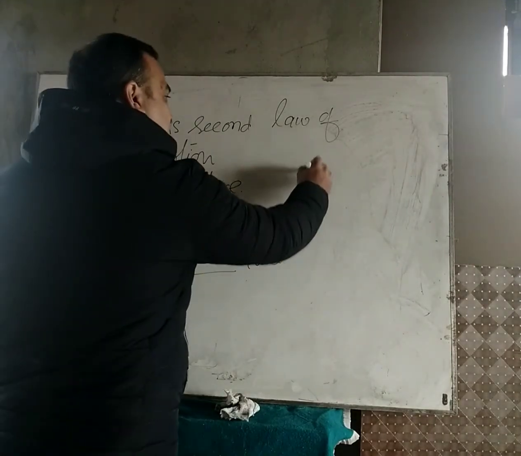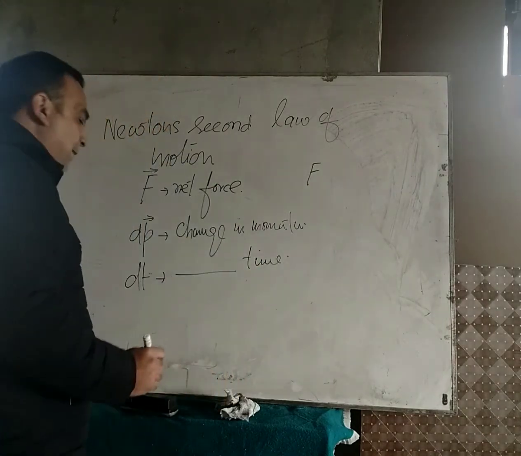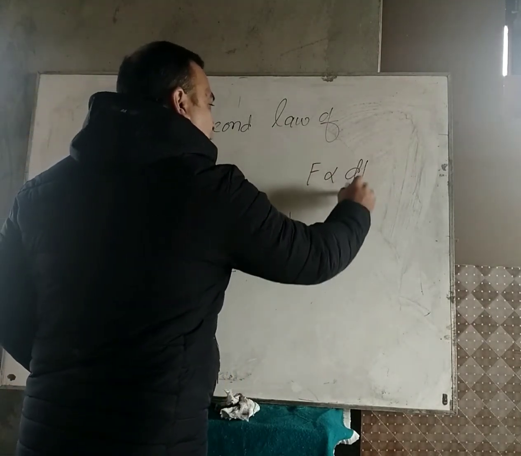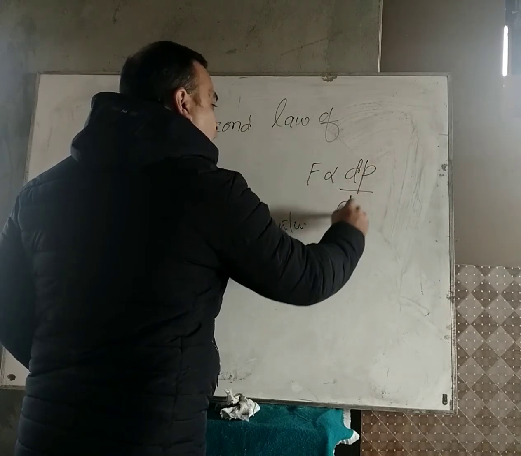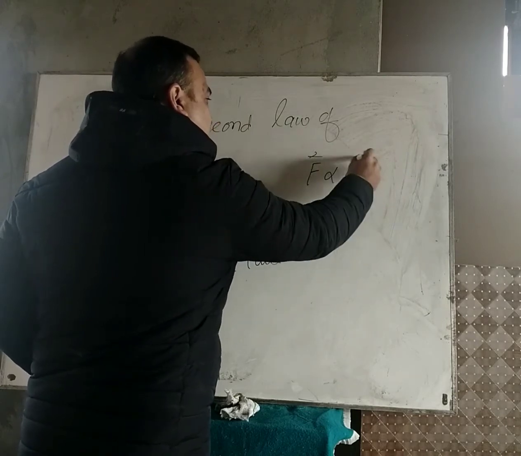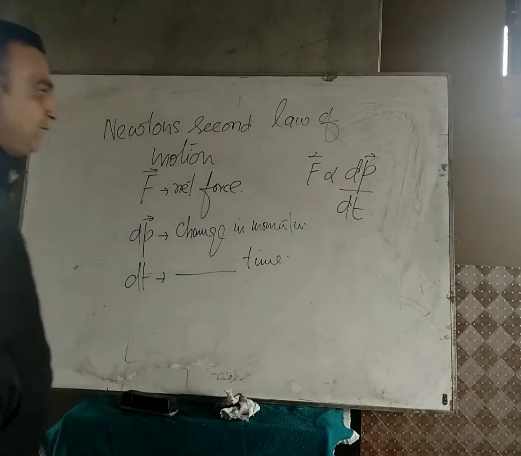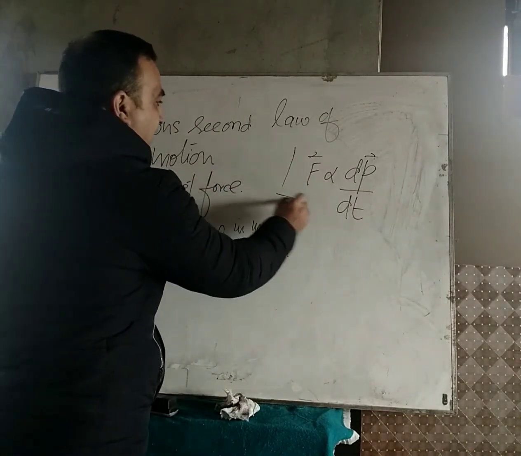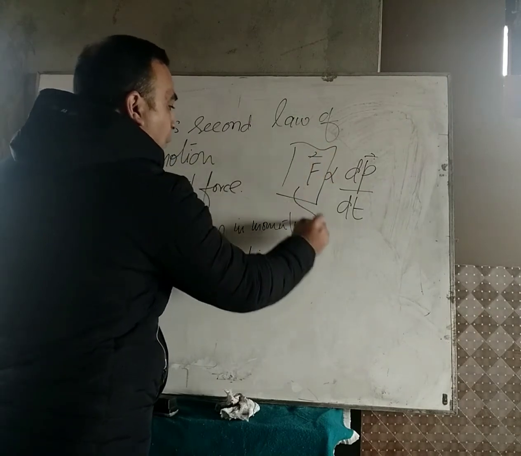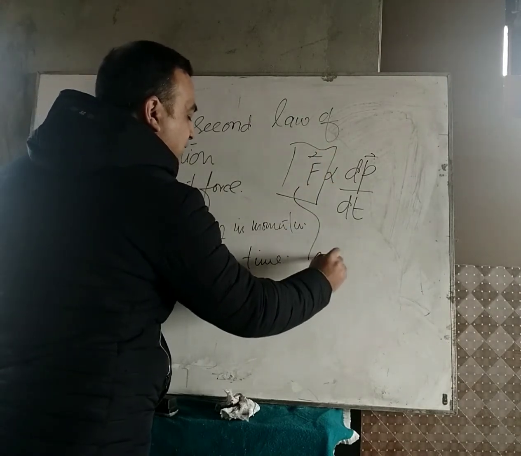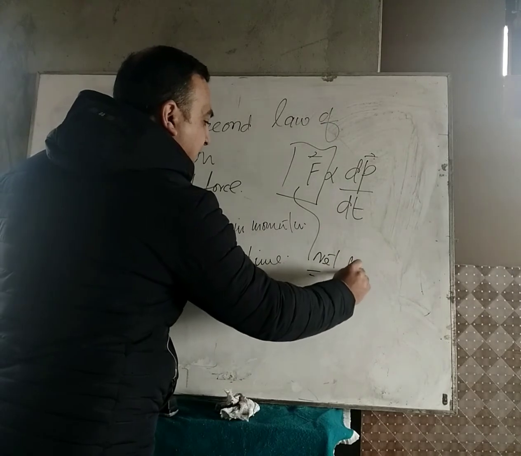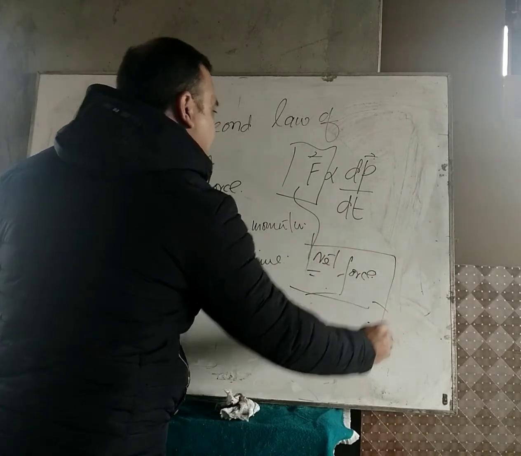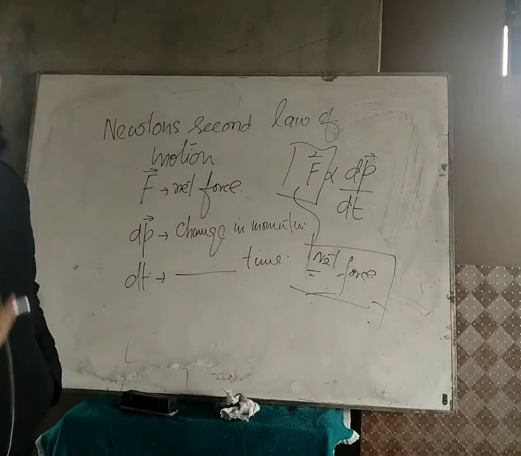So this force must be proportional to the rate of change of momentum. This F refers to the net force. This is a key to problem-solving situations. This F is not simply a force.